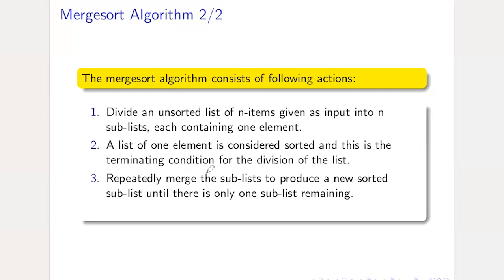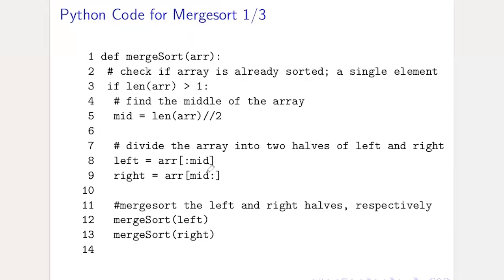So you have two sublists being merged, and that merging operation will give you another sublist which is now sorted, and so on and so forth, until ultimately you end up getting the original list sorted. So we look at an example to see this algorithm in operation where the final output is sorted.